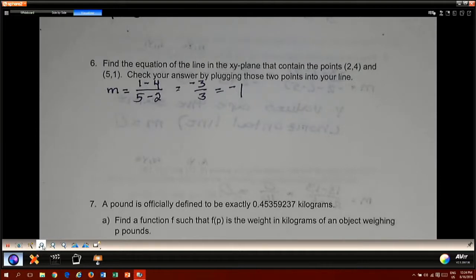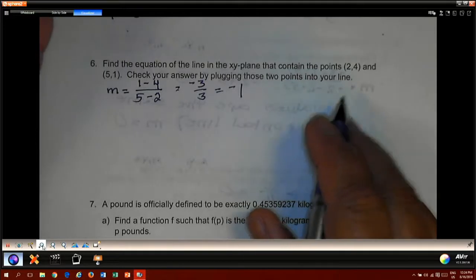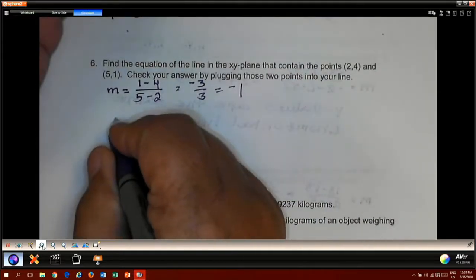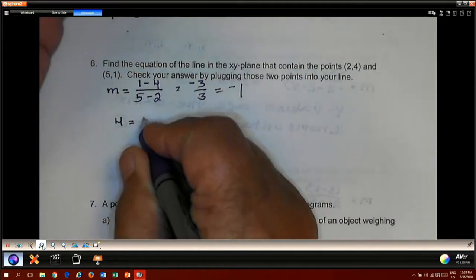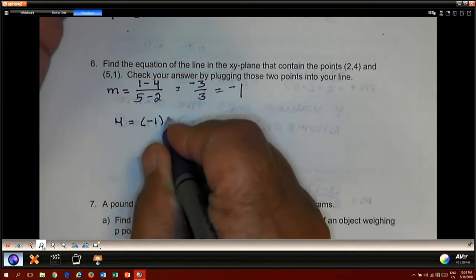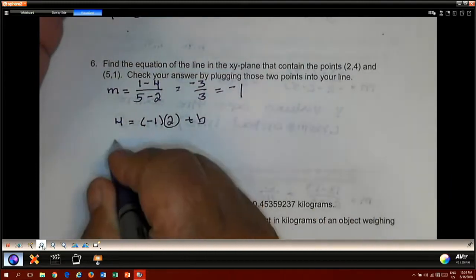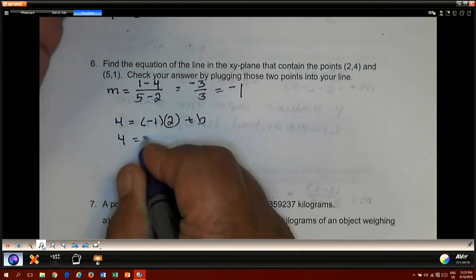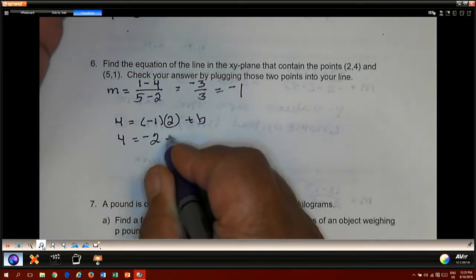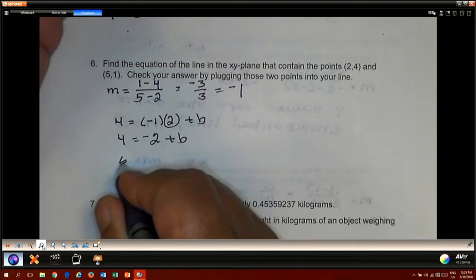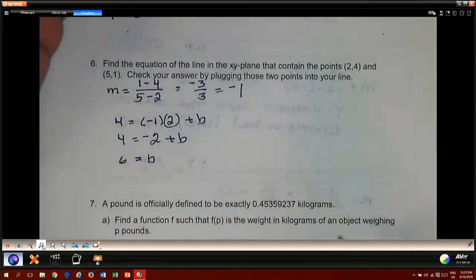Now, you can choose one of the points to use the same process we did before. So I'm going to choose the first point. So 4 equals -1 times 2 plus b. So 4 equals -2 plus b, so 6 equals b.